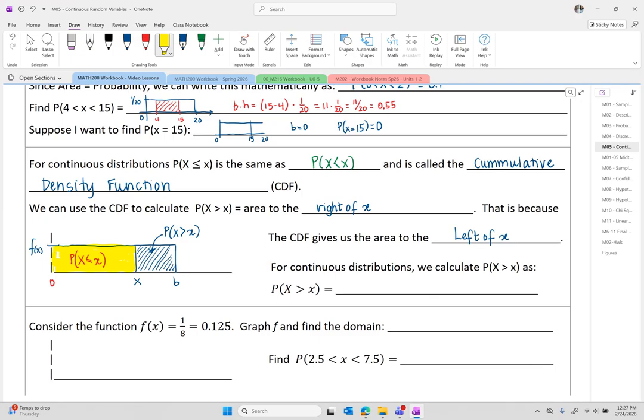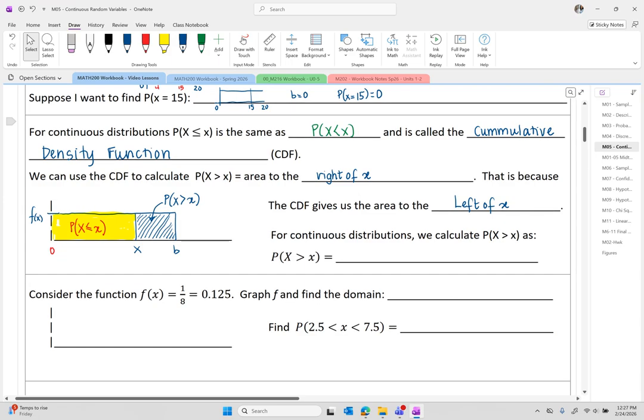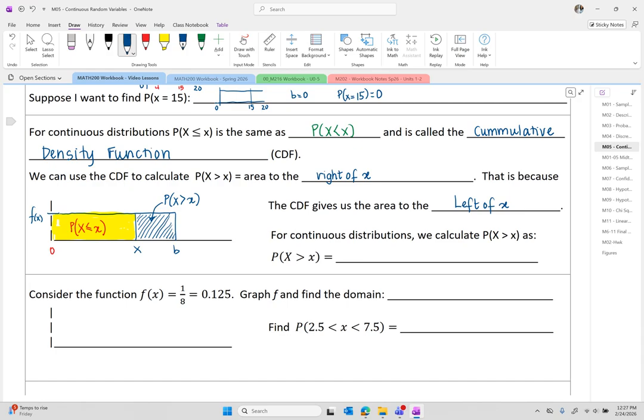And the probability of x being greater than x is the remaining probability. So the CDF gives me the area to the left if I want to find the area to the right. Since the whole area has to equal 1, then the probability of x being greater than the value x will be 1 minus the CDF, the probability of the variable x having values less than or equal to x.